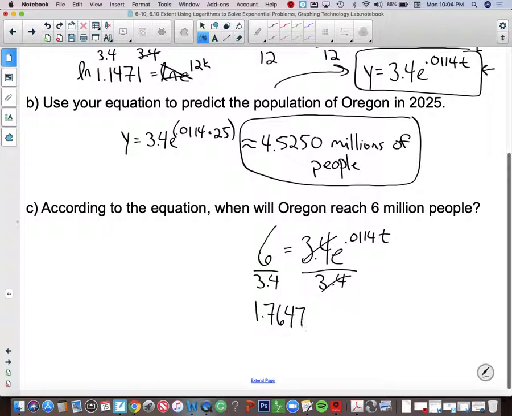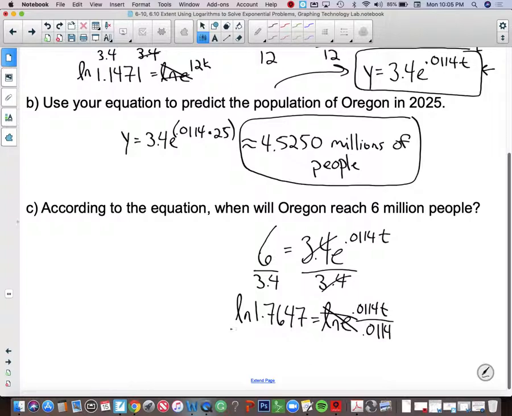1.7647. Okay, and you can round that if you want to, but I'm going to use the exact value in my calculator again. So e to the 0.0114t. So I'm going to take natural log of both sides here. That's going to cancel out, and I'd have that 0.0114 up there. So I'm just going to be a little lazy rather than rewrite it here.